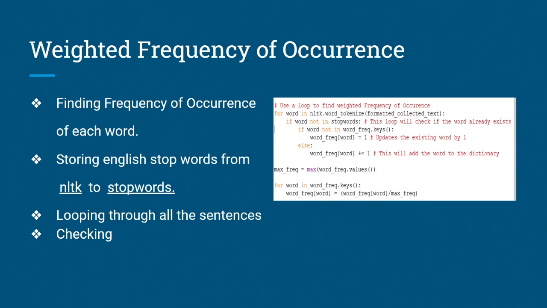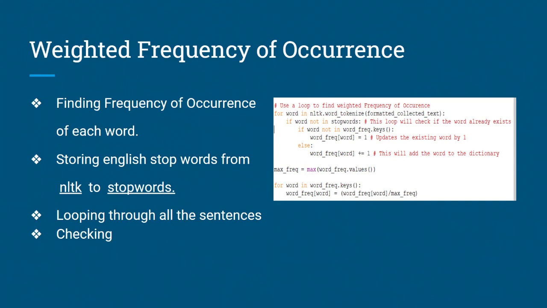First we will store all the English stop words from the NLTK library in the stop word variable. Then we will loop through all the sentences and check if they are stop words. If not, we will proceed to check whether the word exists in the word_frequency dictionary.